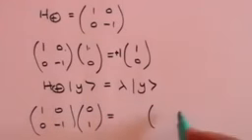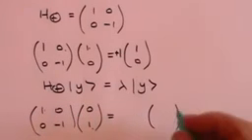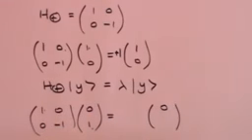Well, what does that give us? Again, it's going to give us a vector. You take 1 times 0 plus 0 times 1. Well, that's 0. And then you take 0 times 0 plus minus 1 times 1. That's minus 1. And that is not equal to that.